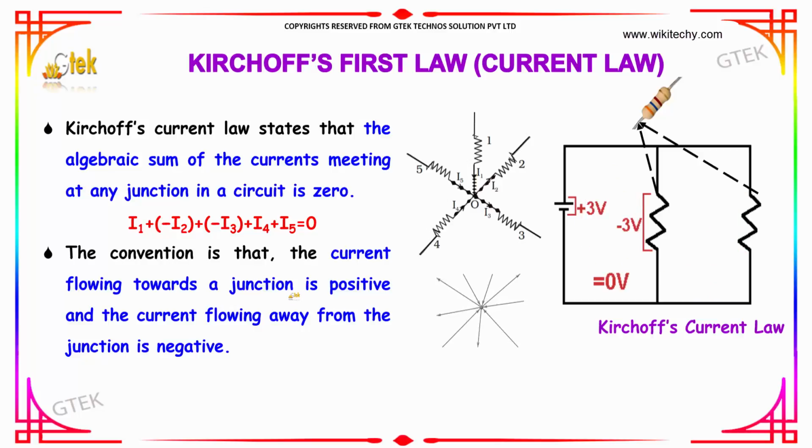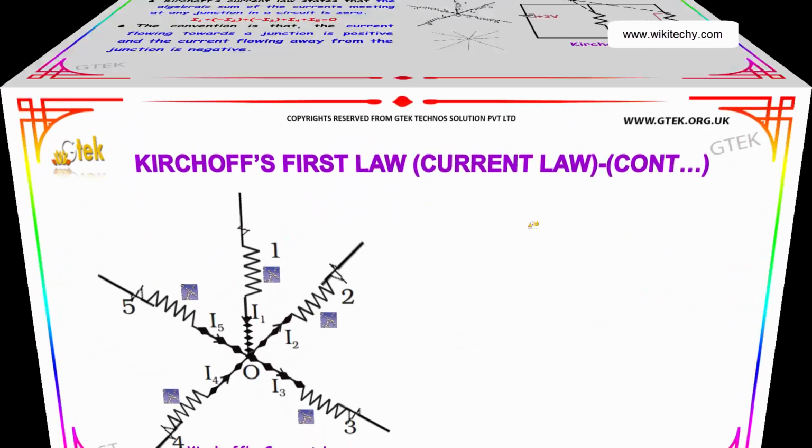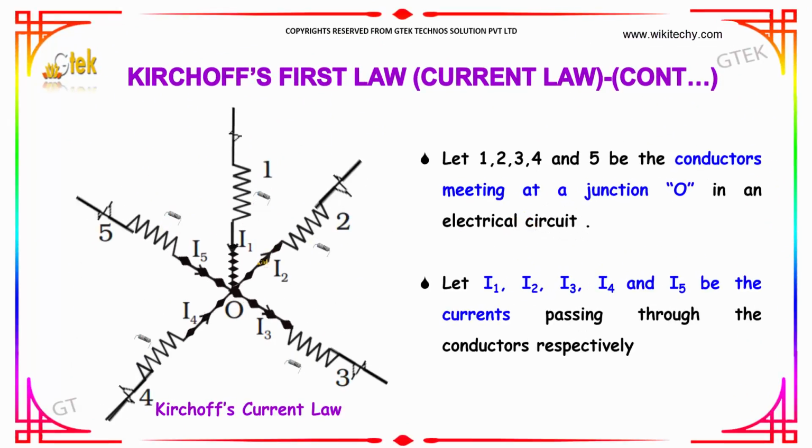The convention is that the current flowing towards a junction is positive and the current flowing away from the junction is considered as negative. So let 1, 2, 3, 4 and 5 be the conductors meeting at a junction O in an electrical circuit.